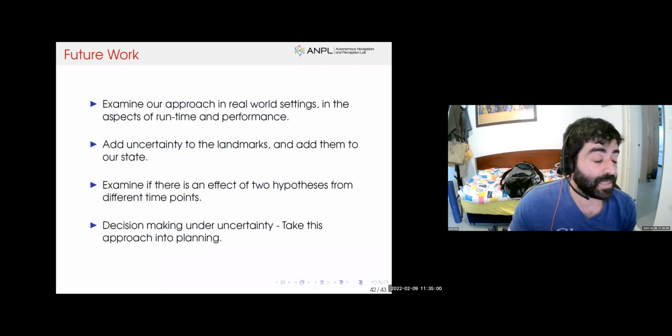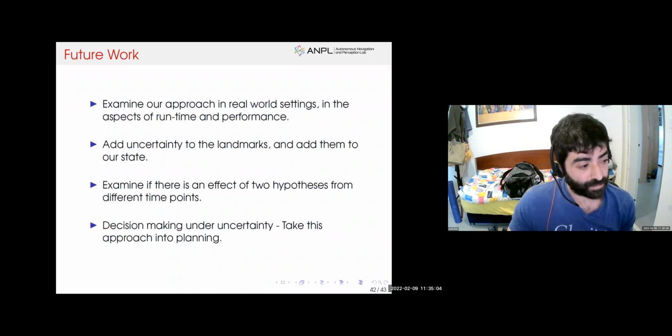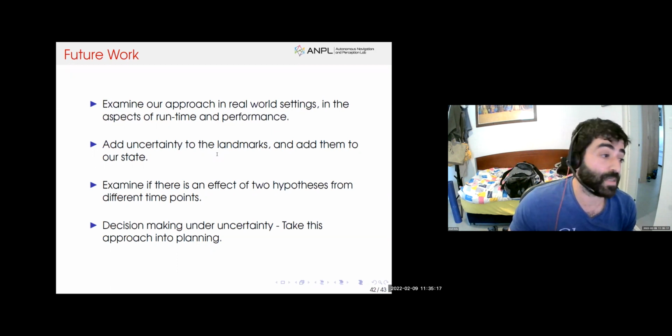And last, which is pretty demanded, you could say in a way, is to take this into the planning phase, which is decision making under uncertainty. We think that this approach can contribute not only in creating a more robust perception, but we think that it can also assist in our decision making of the current action we are trying to take.